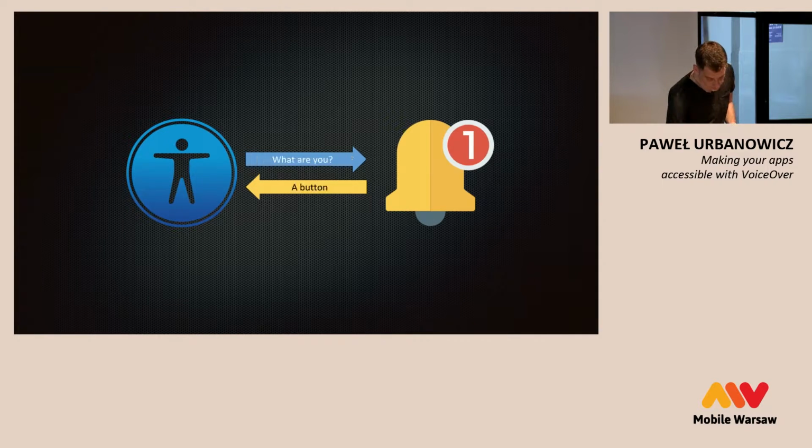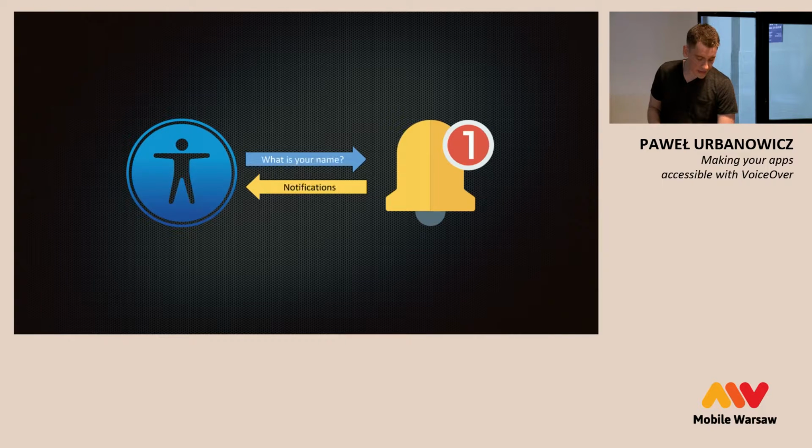Second one is, what are you? And it answers that I am a button. So we actually know what kind of actions we can expect from this control. So it is a button, so when we perform an action on it, it may do the equivalent of the tap action. When it is, for example, an adjustable control like a slider, it changes the value. So we need that information as well.